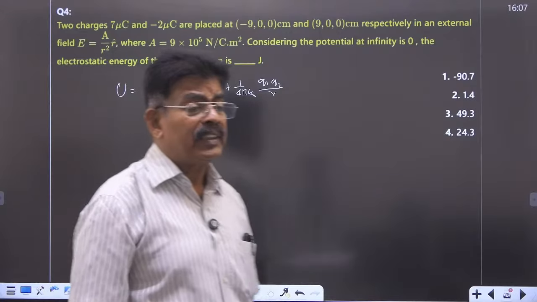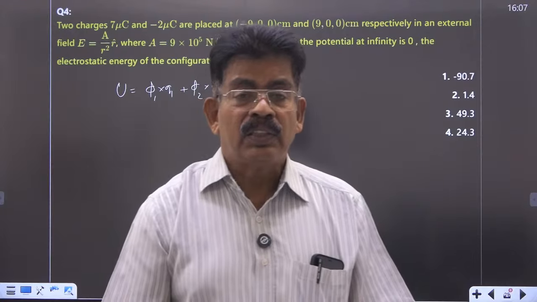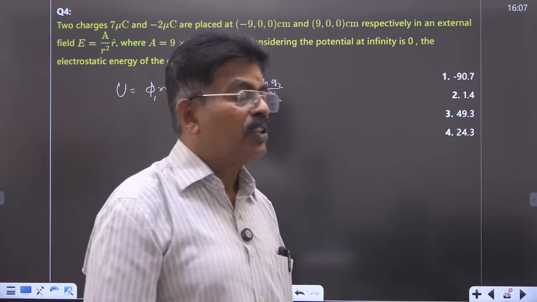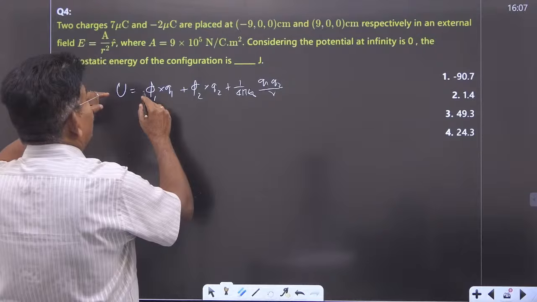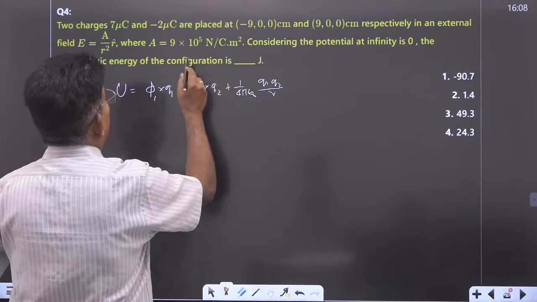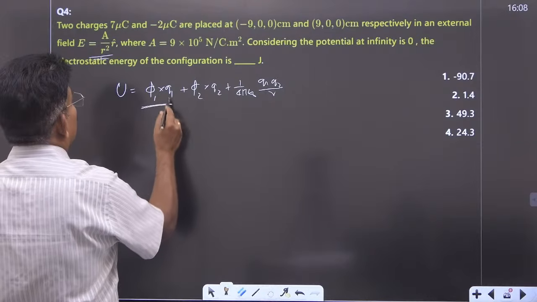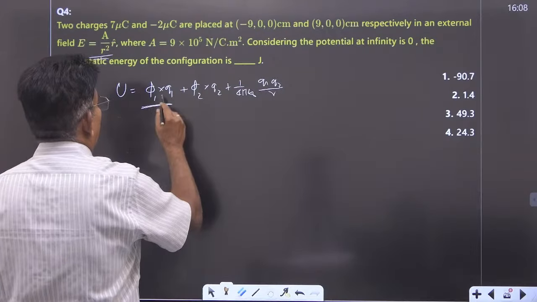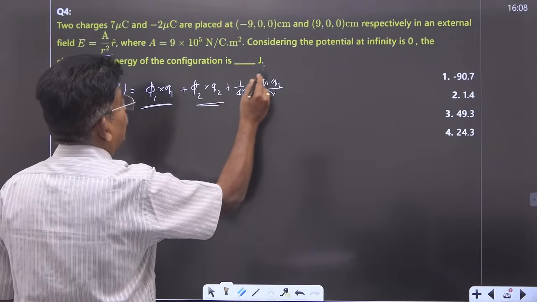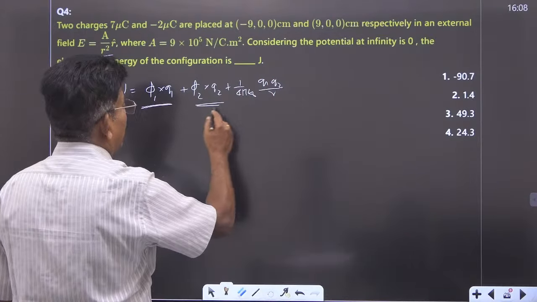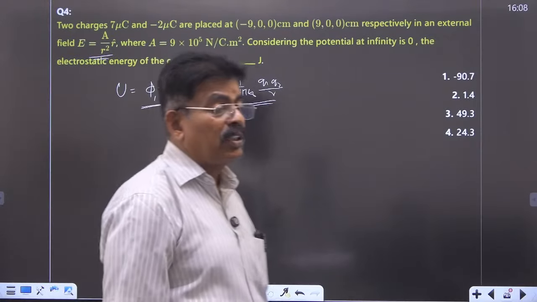Since we have kept them in an external field, the total potential energy of the system is given by how much? Because Q1 is in the external potential due to external field E equal to A by R squared, there is a potential at position 1, that is phi1, times Q1. Then there is a potential at the position of Q2, plus the mutual potential energy of the system of particles.